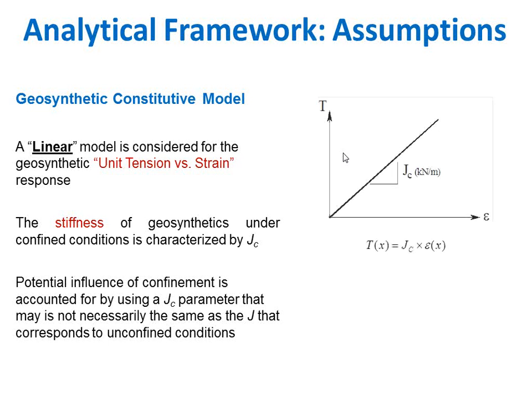We're relaxing the assumption that this stiffness is the same as the one that we would get under unconfined conditions. So whatever the stiffness is under confinement is constant. So essentially the tension will be the confined stiffness times the derivative of the displacement.